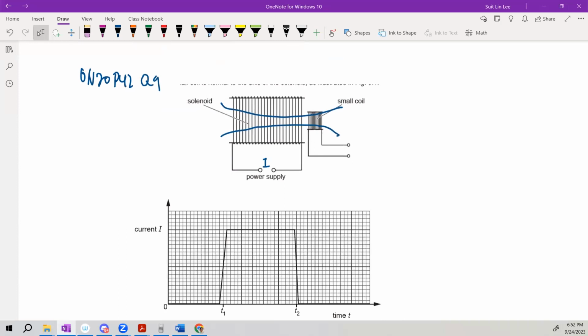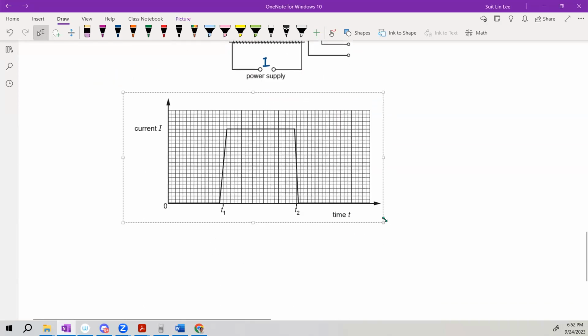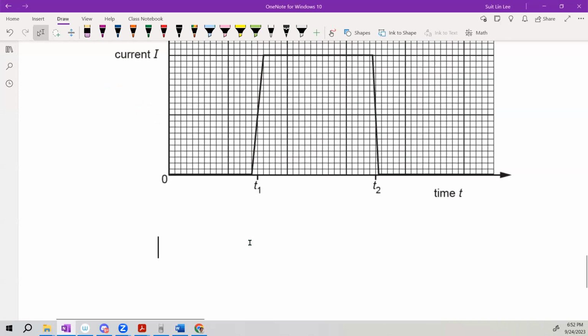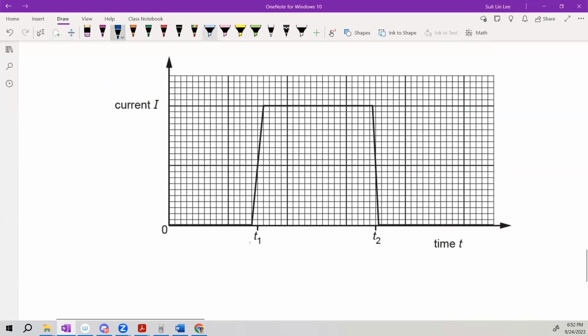So you're asked to sketch the induced EMF. Okay, so to sketch the induced EMF, since they give me such a beautiful graph, I'm going to zoom in a bit, okay? What I want to focus on is the boxes. Before T1 to after T1, it increases, okay? Half a box to half a box, it decreases.